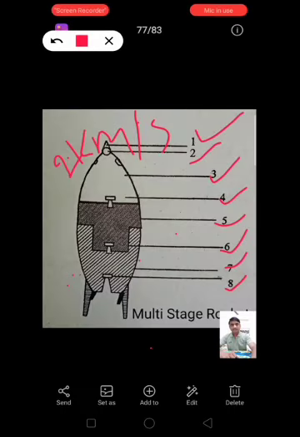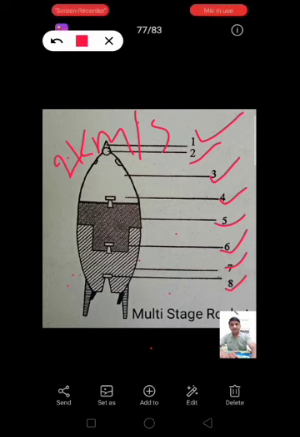From this we can write v is equal to 0 plus 2 into log e 10. Here the value of m naught by m is 10. So the final velocity of the rocket at the end of the first stage is equal to 4.6 kilometers per second.